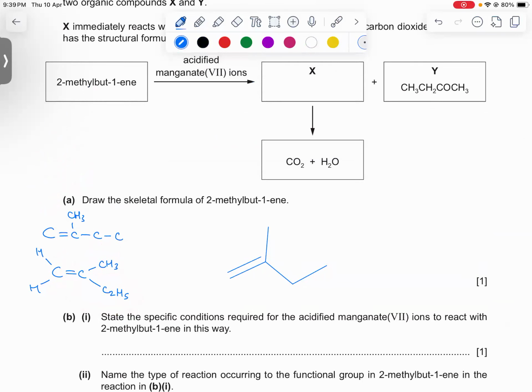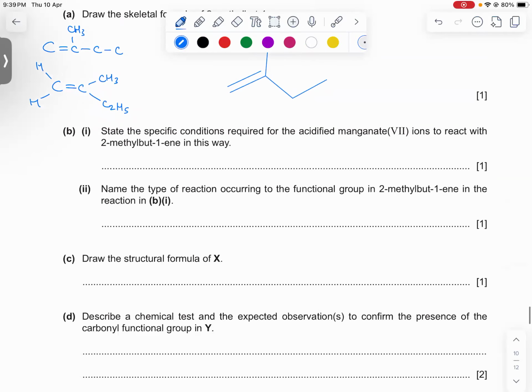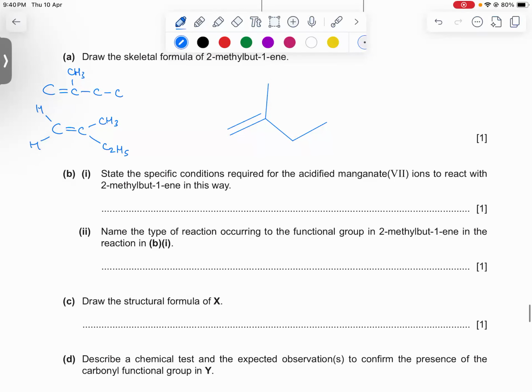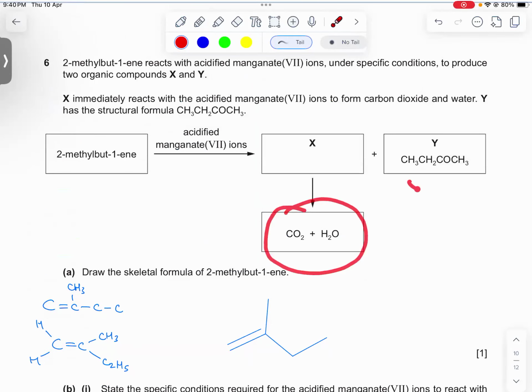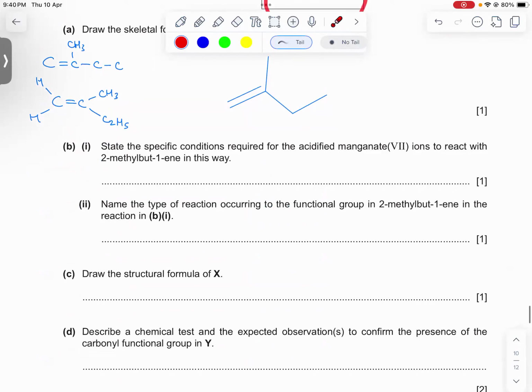over here. Let's see what they're going to talk about X. State the specific condition required for acidified potassium manganate ions to react with 2-methyl butadiene. So what is the specific condition that would be required over here? Okay, so I've just mentioned that the acidified potassium manganate would only react in this way to produce these products if it is hot and concentrated.